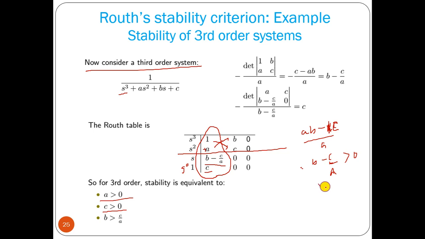So we can write b must be greater than c by a. Then only your third order system will be stable. So b should be greater than c by a. That means whatever the value of b, that must be greater than c by a, then only the system will be stable. So this is how we can find out the condition for stability of any system.